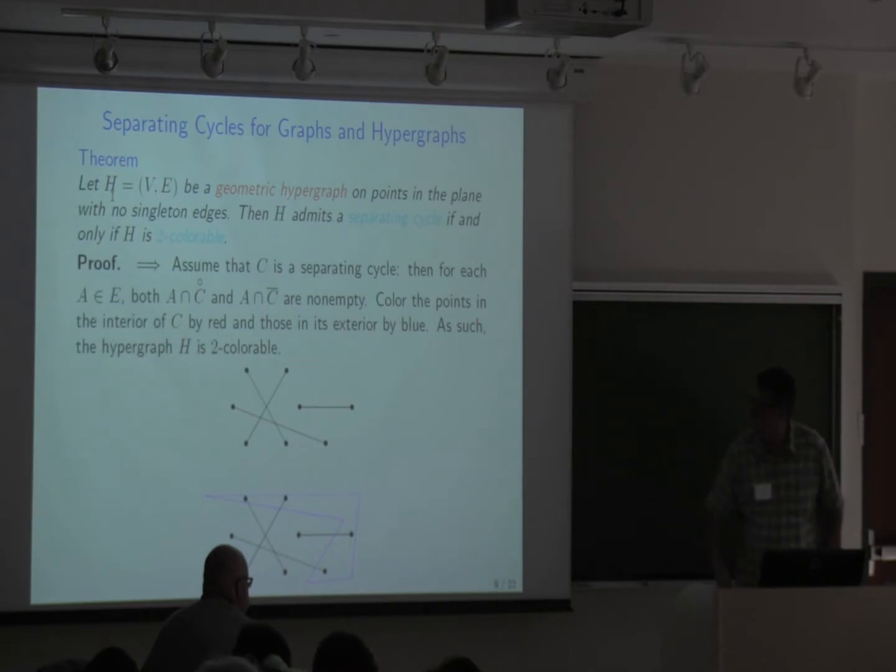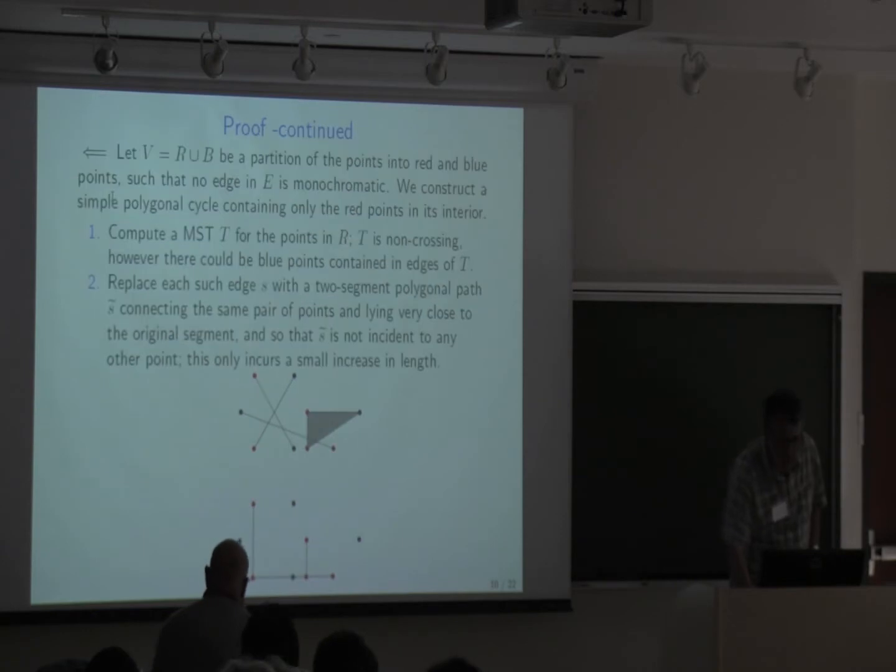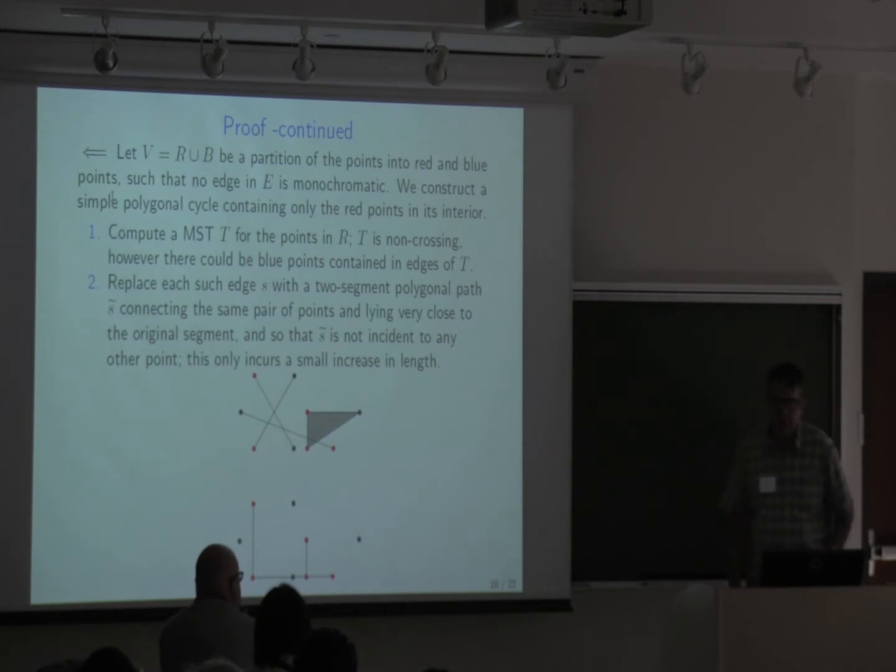Here is an example of a separating cycle. For the other direction, suppose you have a coloring such that no edge is monochromatic, then you can compute in some simple way a separating cycle. In this example, you have 3 pairs, and one edge is that shaded triangle, and suppose it's colored like this.